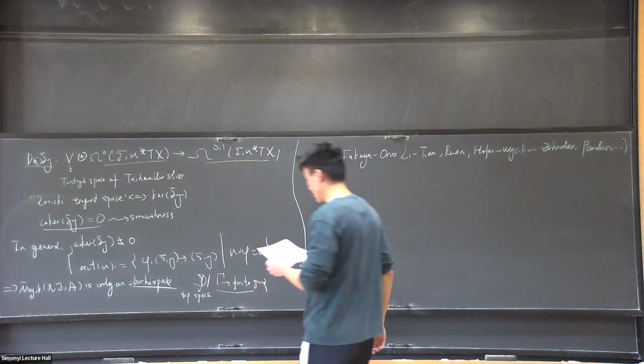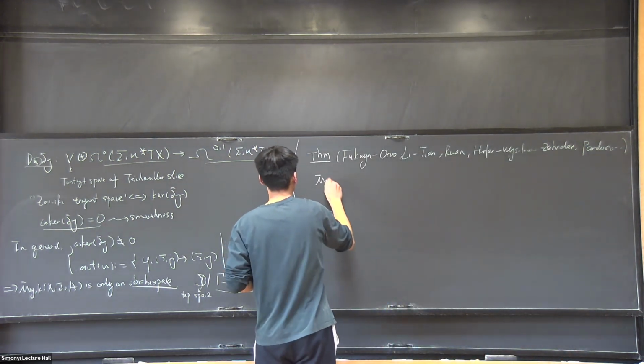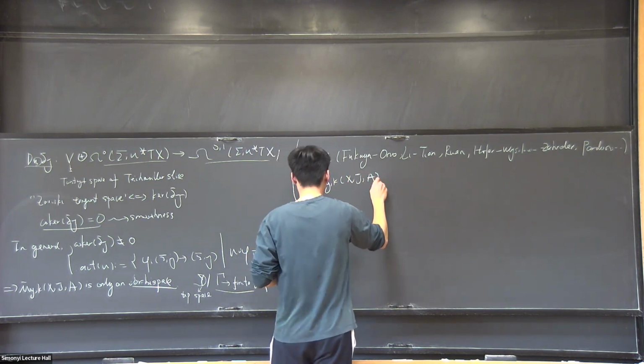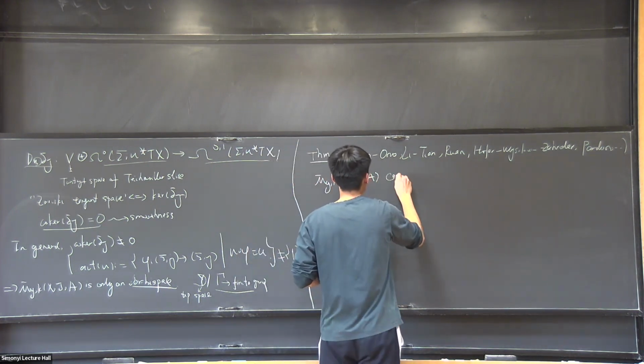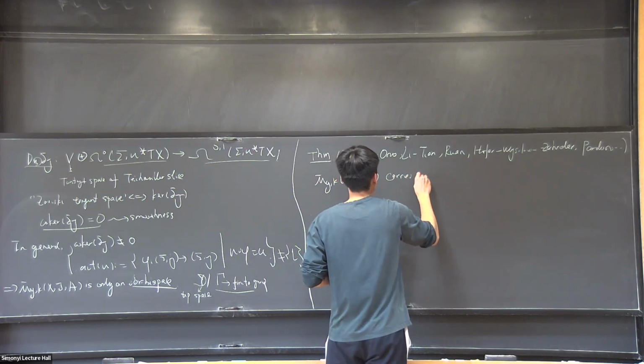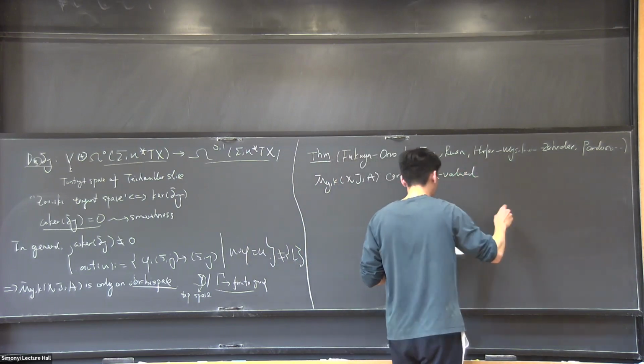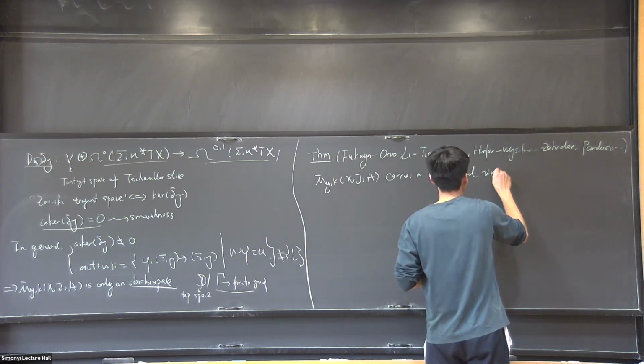It tells us that this moduli space of stable maps carries a Q-valued virtual fundamental cycle.